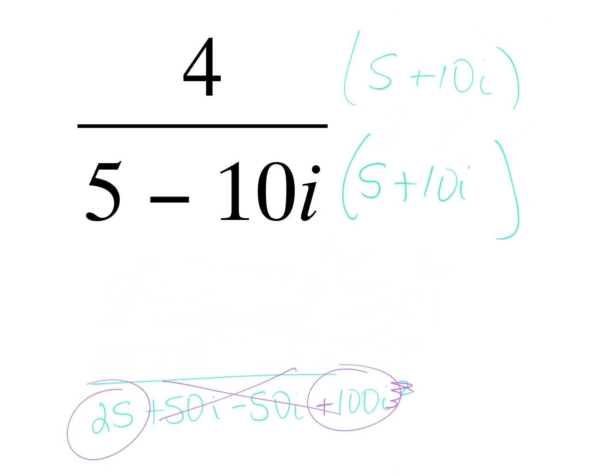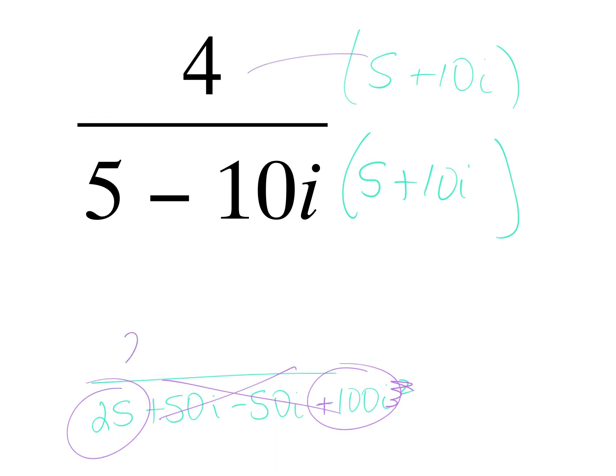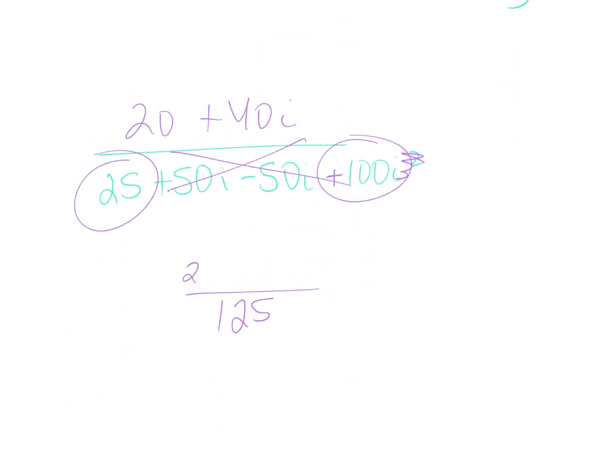So now the numerator. 4 times 5 is 20. 4 times 10i is plus 40i. So you have 20 plus 40i. That definitely simplifies. So 20 over 125 plus 40i over 125. What goes into both 20 and 125? 5.